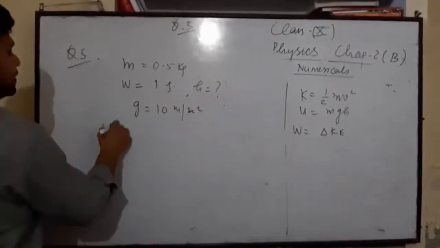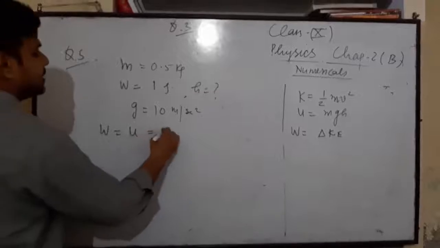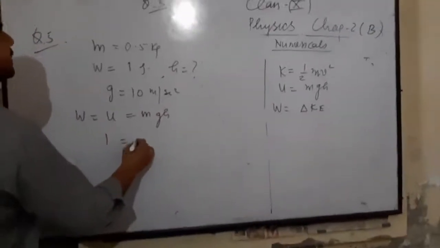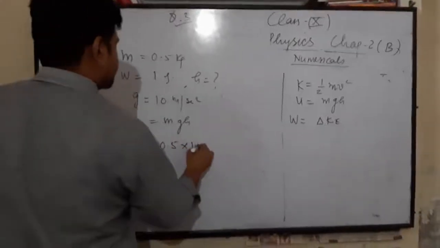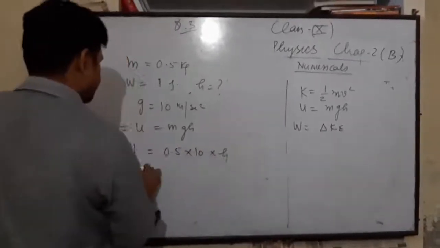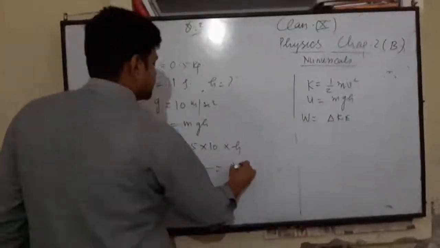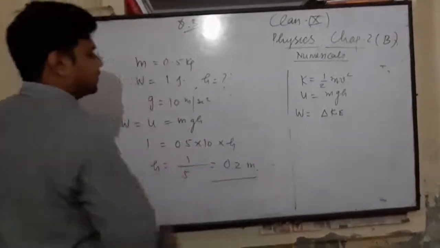So work done will be equal to gravitational potential energy, mgh. So this is 1 joule, m is 0.5, g is 10. We have to find h. So h is 1 over 5, 0.2 meter.